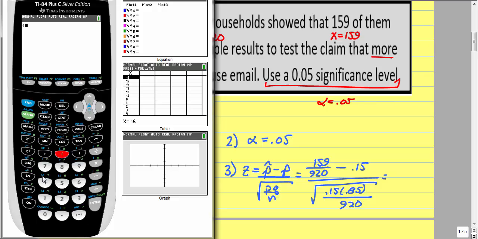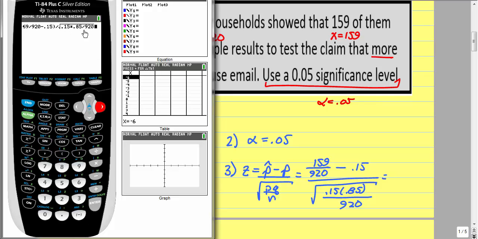So we'd start with parentheses 159, and we don't want to round this, so we don't want to find a decimal approximation for the 159 divided by 920, so I'll just put it in as a fraction, minus 0.15. So that entire numerator has to be in parentheses, and then divided by the denominator with my square root, which would be 0.15 times 0.85 divided by 920.